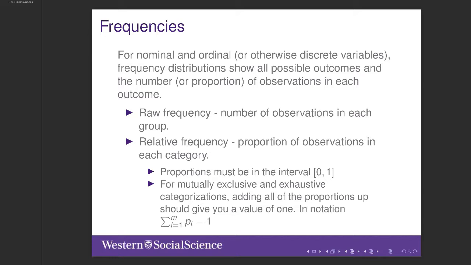If we are making a frequency distribution of a single variable, this will generally be the case. Percentages are just proportions multiplied by 100, so where proportions should sum to 1, percentages should sum to 100.